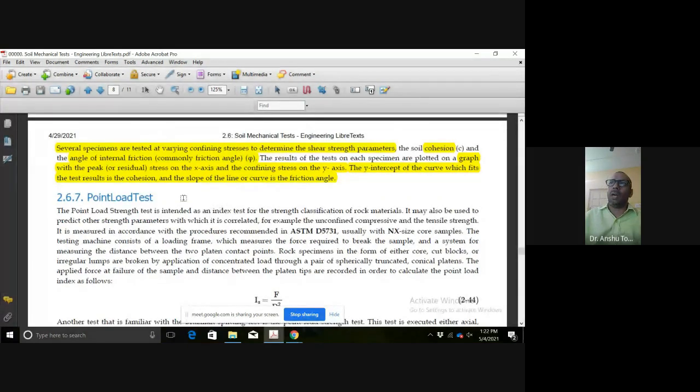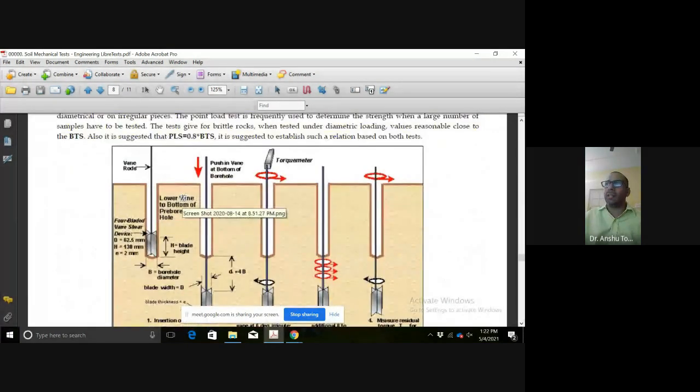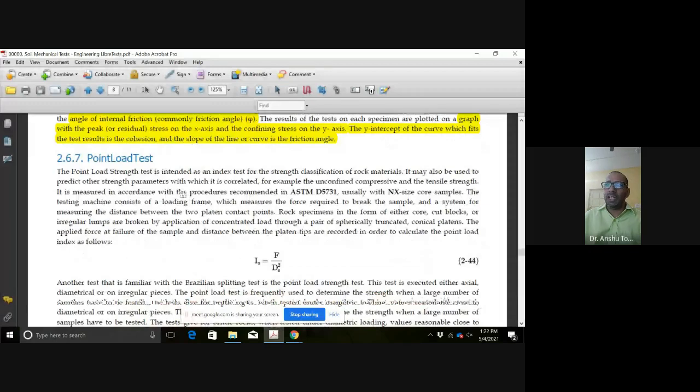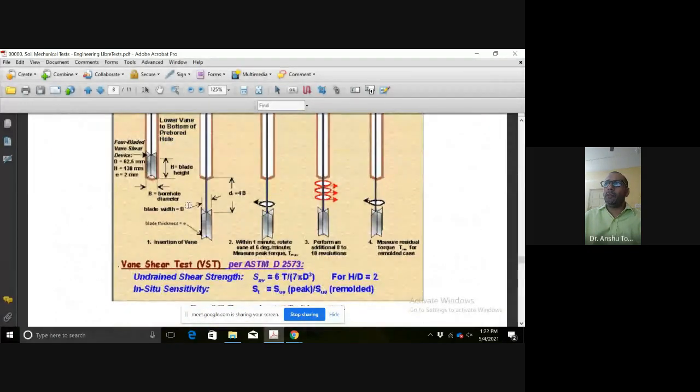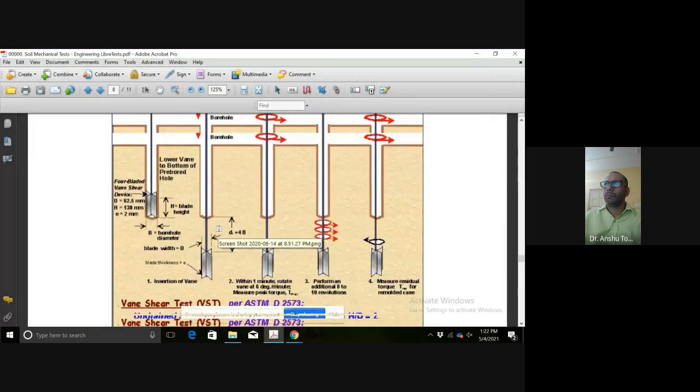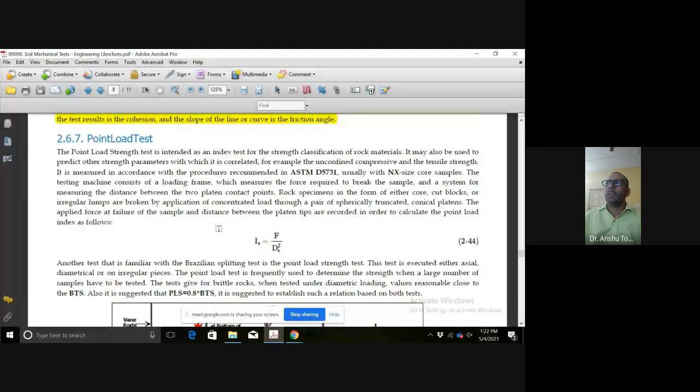The next is the point load test. We have already discussed the vane shear test in detail, where we have this vane being inserted into the soil, for the strength classification of rock materials.